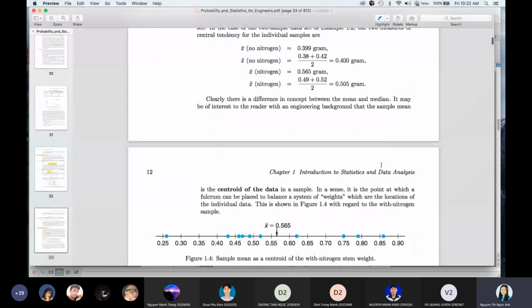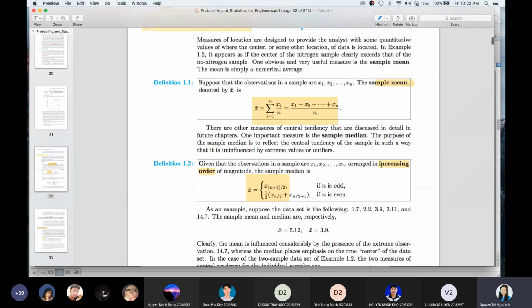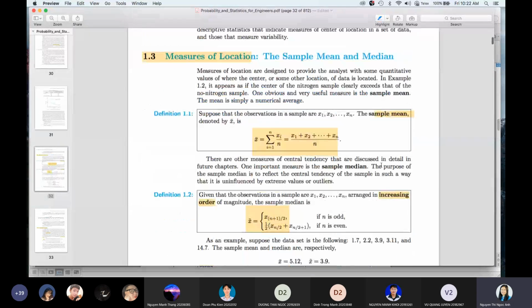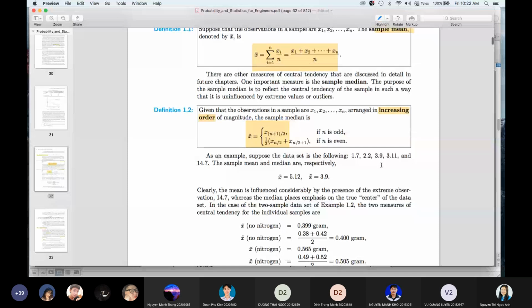When we see the data, where is the data?